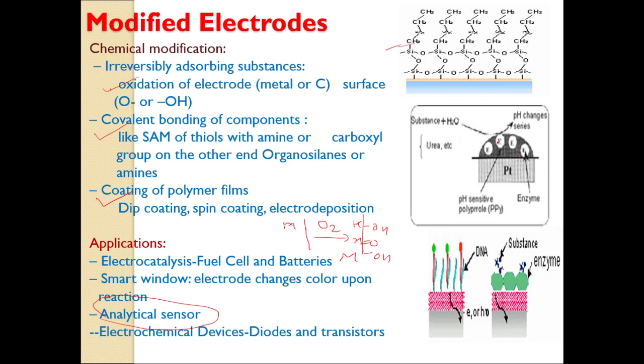Now this one is modified by a suitable enzyme. The pH-sensitive polypyrrole is modified, and the substrate plus H2 can be observed, so we get the pH change series. So this is related to the modified electrode and how modified electrodes are useful.